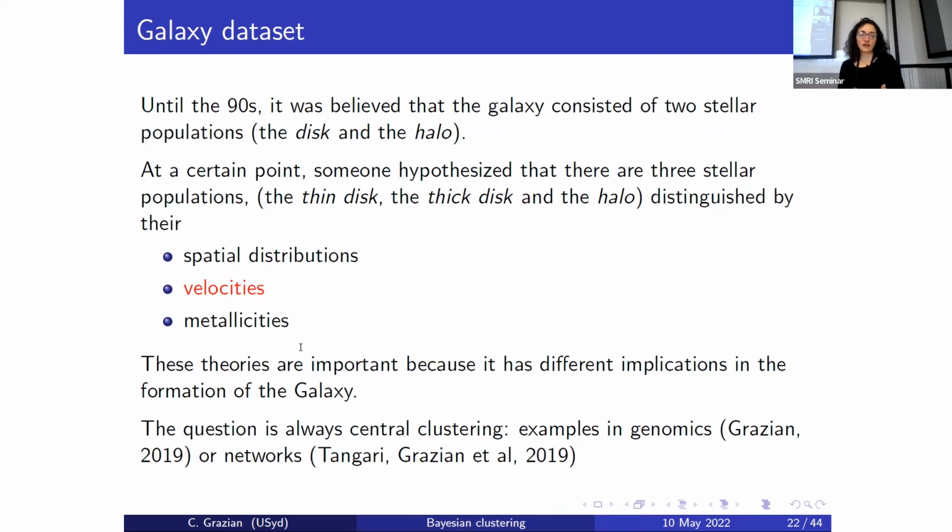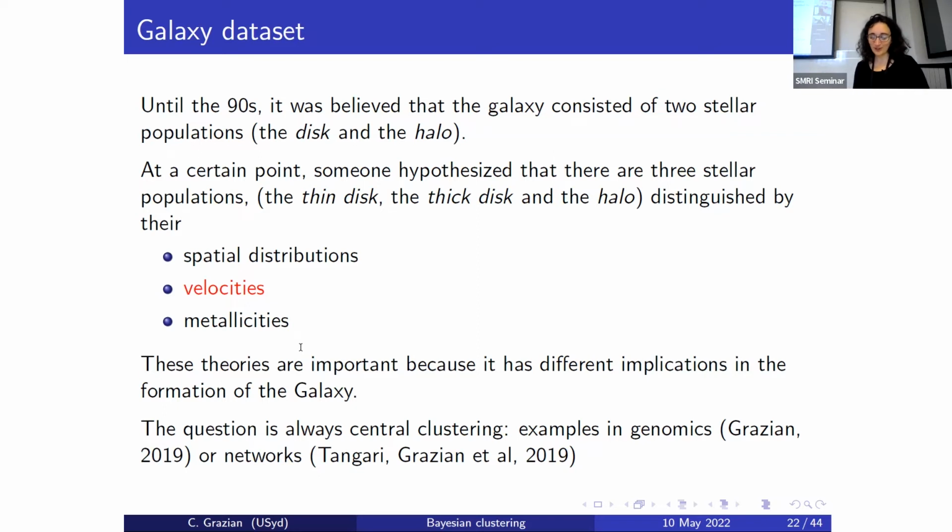The idea was that at one point there was the hypothesis that there are 3 stellar populations, whereas before it was thought that there were just 2. And so some data were collected to investigate the possibility that there was a 3rd stellar population.